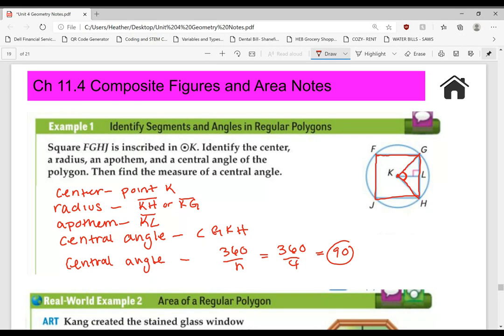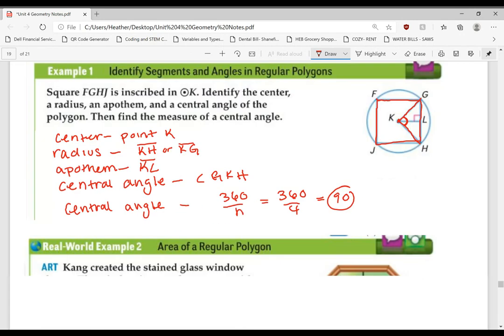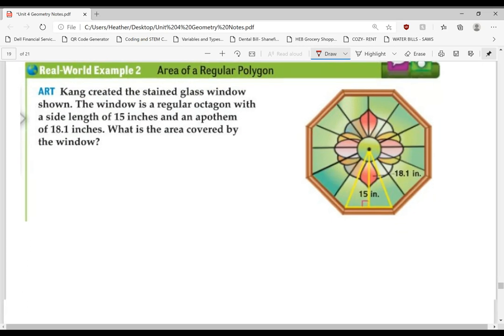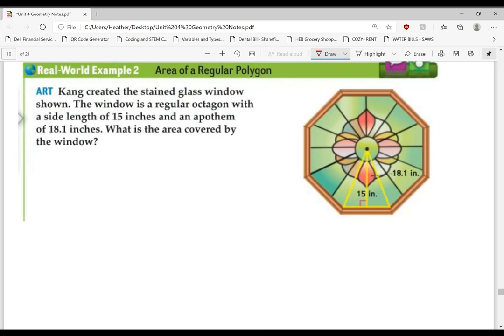Let's go ahead and look at example 2. It says, Kong created the stained glass window shown. The window is a regular octagon with a side length of 15 inches and an apothem of 18.1 inches. What is the area covered by the window?